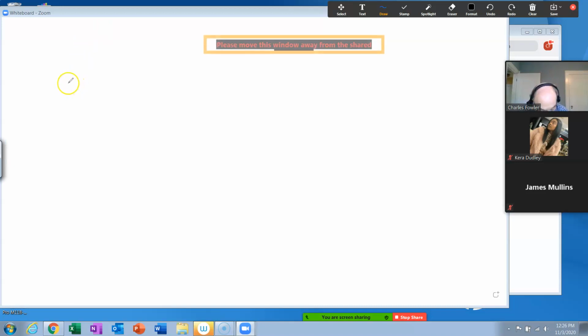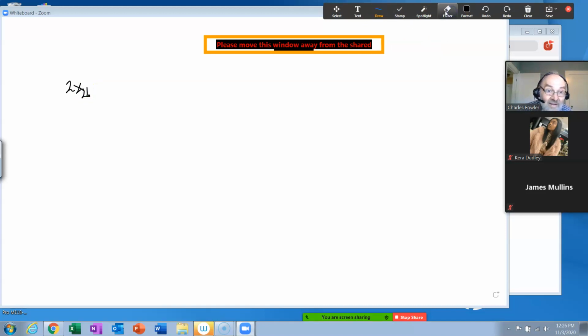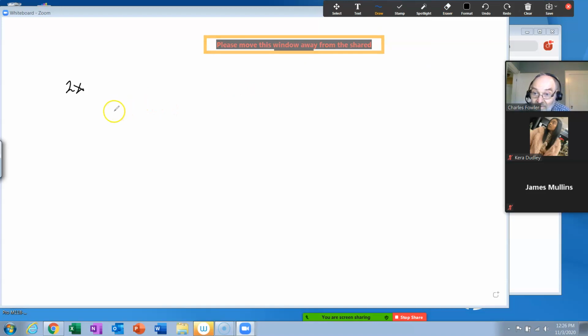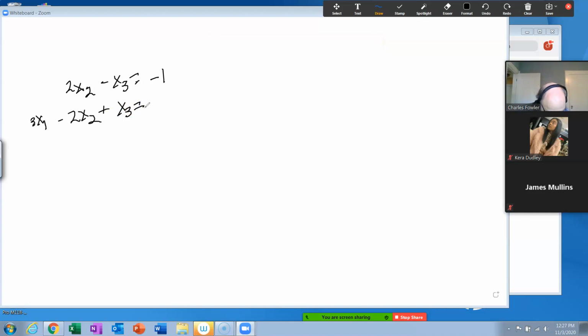Here is 2x1 minus 2x2, minus x3 is equal to minus 1. 3x1 minus 2x2 plus x3 is equal to 4.